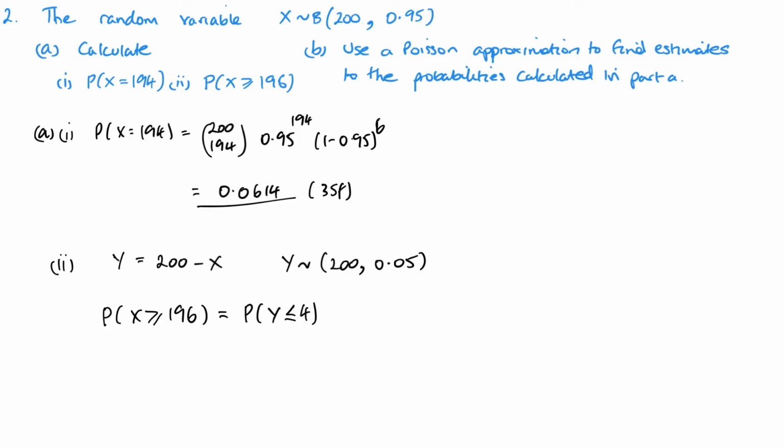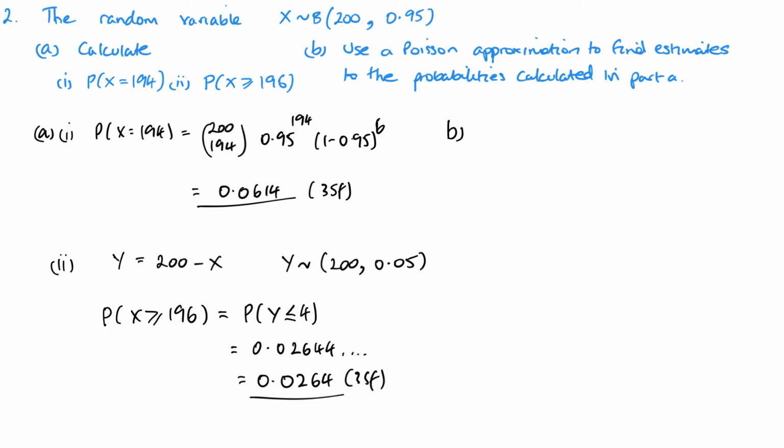And then from my calculator I get 0.02644 and so on, which is 0.0264 to 3 significant figures.